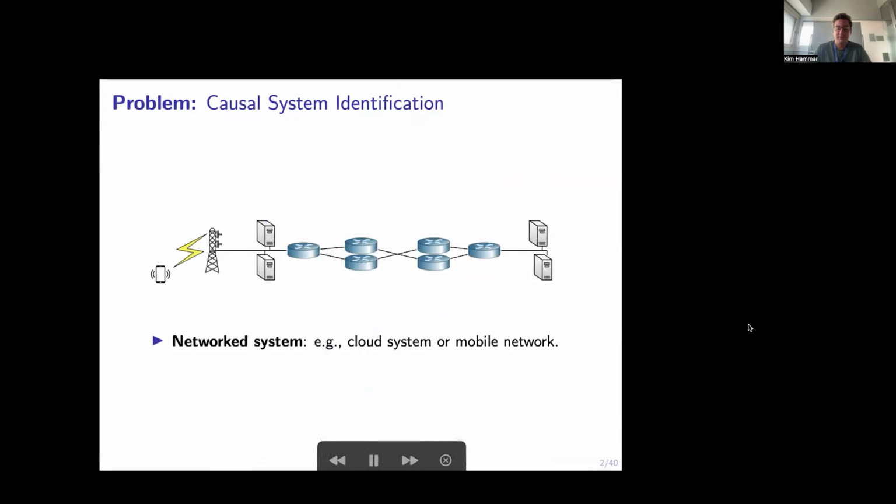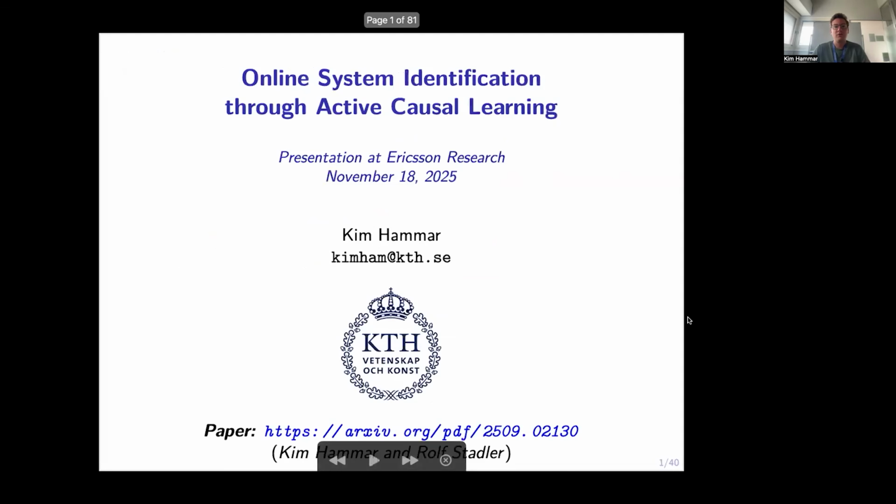So this presentation will be about online system identification through active causal learning.